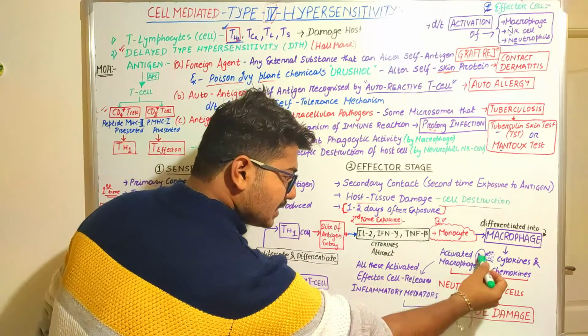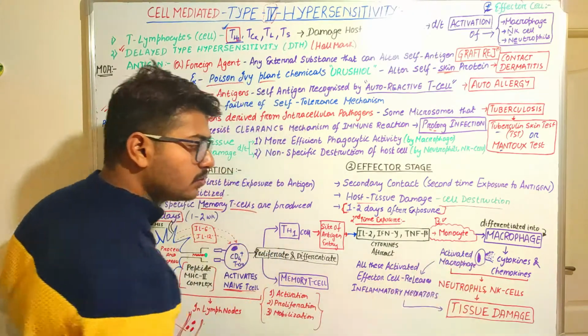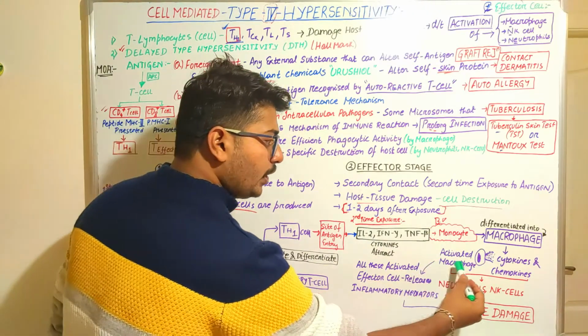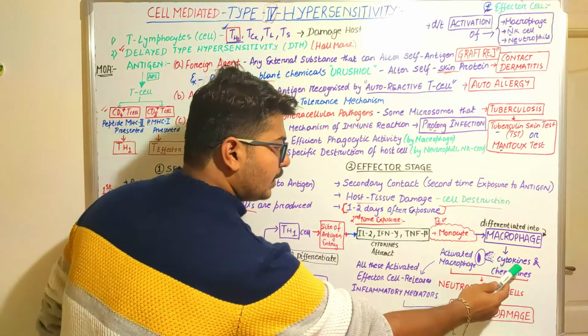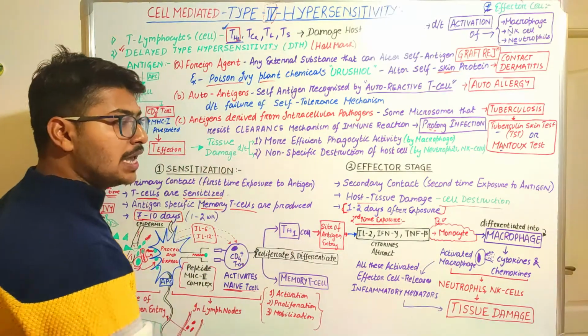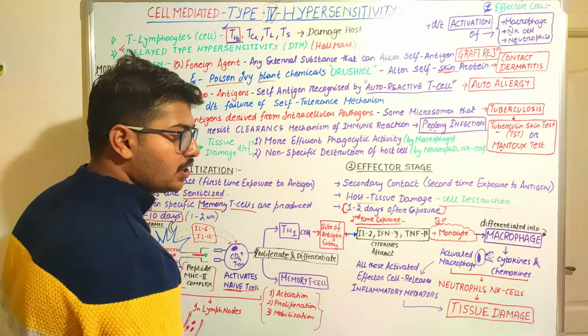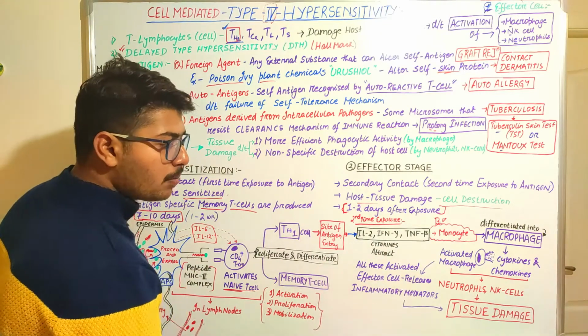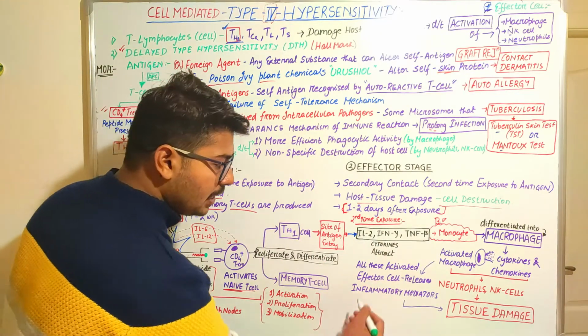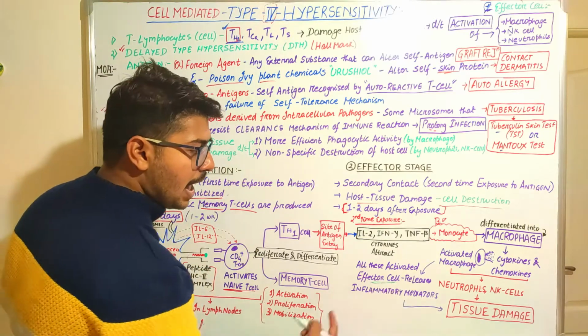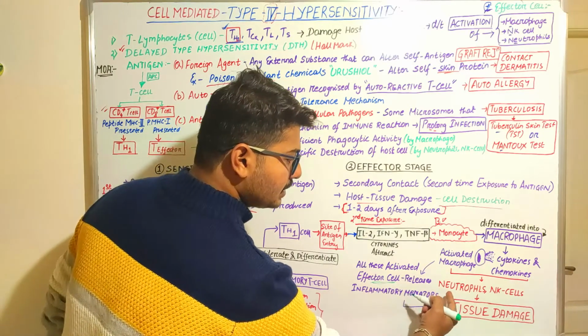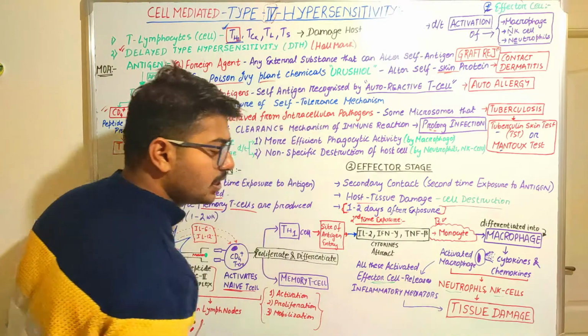With the activation of the macrophage, it is also going to produce cytokines and more chemokines that will attract or invite a greater number of effector cells, like neutrophils and natural killer cells.